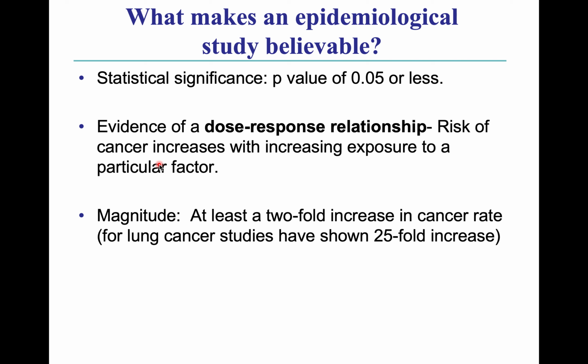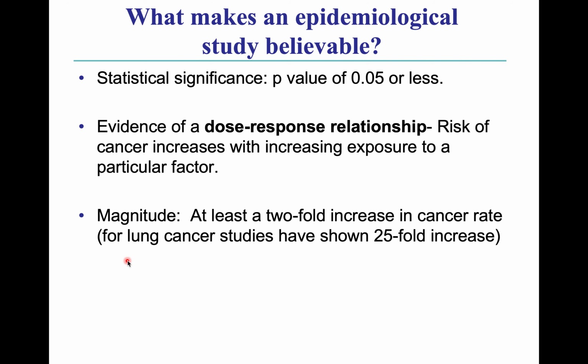So that's definitely going to make evidence more compelling if you can show that kind of relationship. Another thing you often hear about in epidemiological studies is magnitude, meaning what is your increased risk based on exposure to a particular factor. And I would say you probably want to see at least a twofold increase in risk for it to be something of concern.